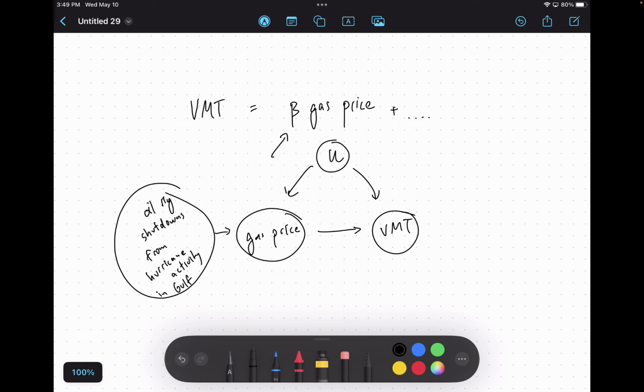You specifically selected shutdowns in the Gulf because there was some quantity of gasoline that went to Pennsylvania. It doesn't even need to go directly to Pennsylvania, right? It's a supply shock in the system.